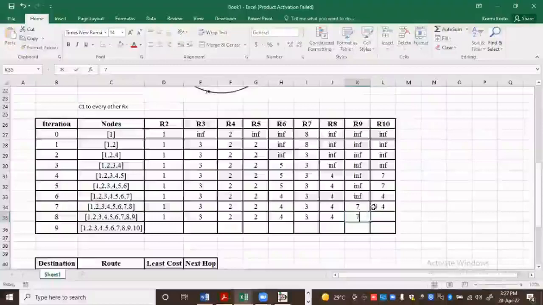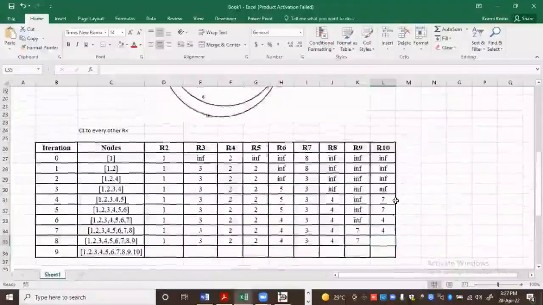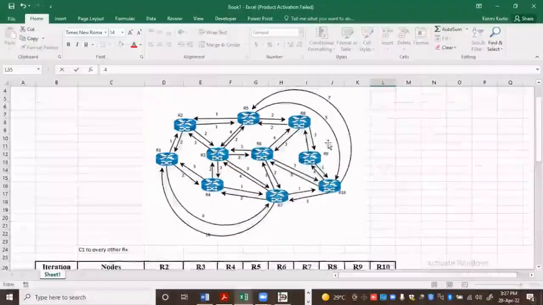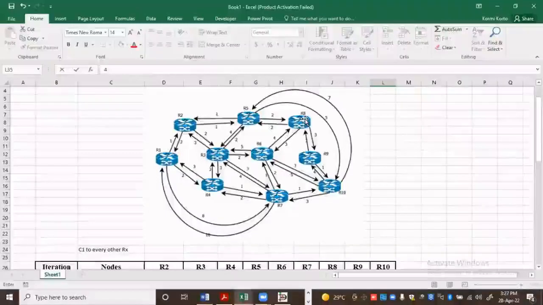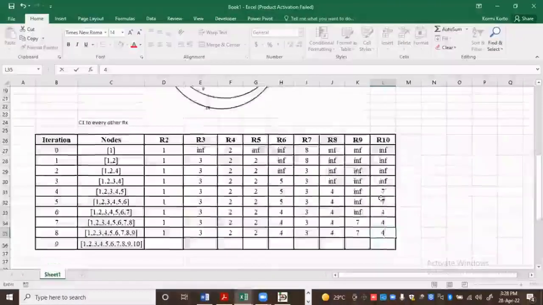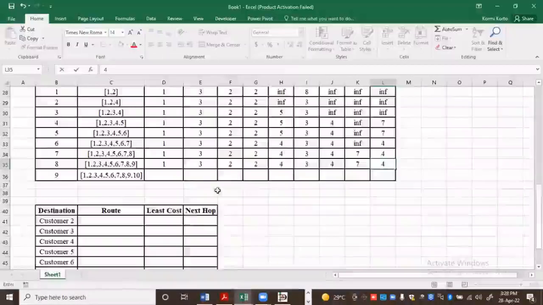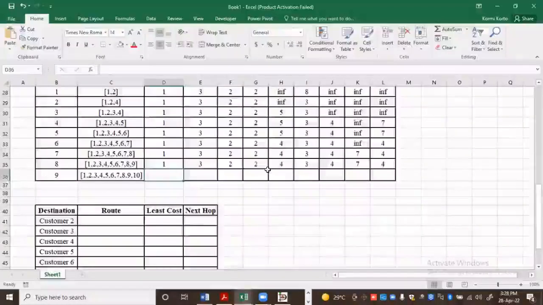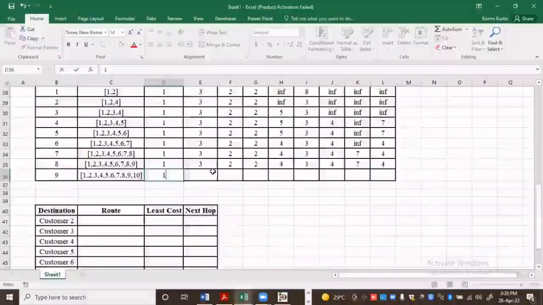What about 10? 10 will still be 4 because we're still going through either 5 or 7. Actually, which 7? 5 gave us a higher cost of 7, but with 7, we had 4. Okay, and then finally, the same thing across. So it will still be 1, 3, 2, 2.